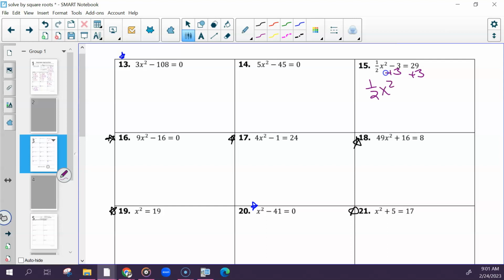I'm trying to find one where it wouldn't work out to be the same, but that's okay. So our answer would be 8. Plus or minus 8.